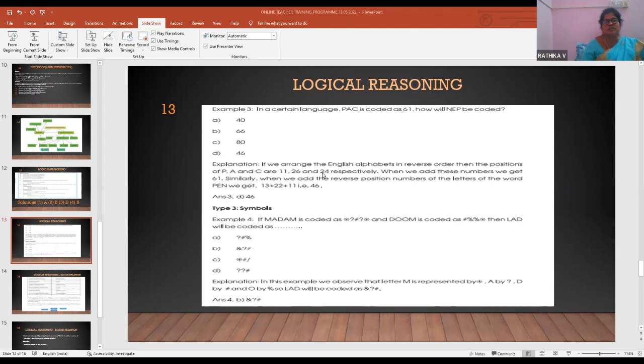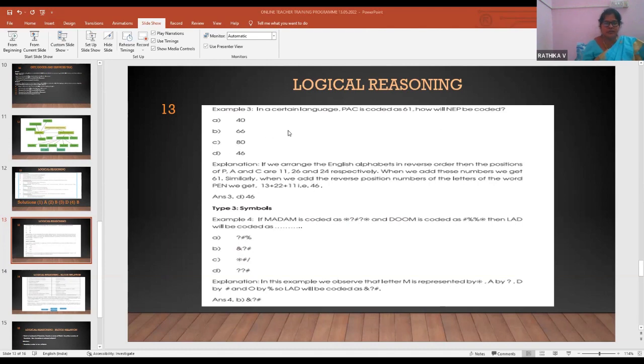So in the reverse order, when you take it from last to first, A will be the 26th letter, C will be the 24th letter and P will be the 11th letter, and the total comes to 61. In the same manner NEP also, when you reverse it, the total is 46.